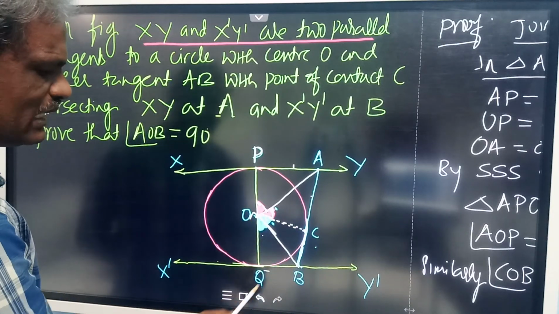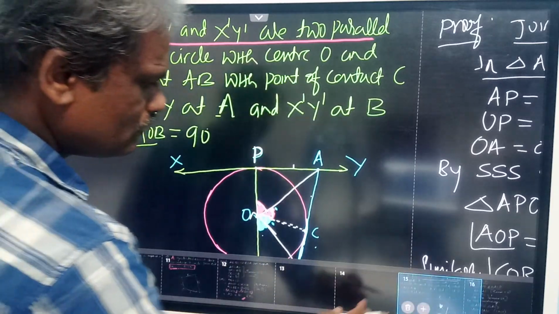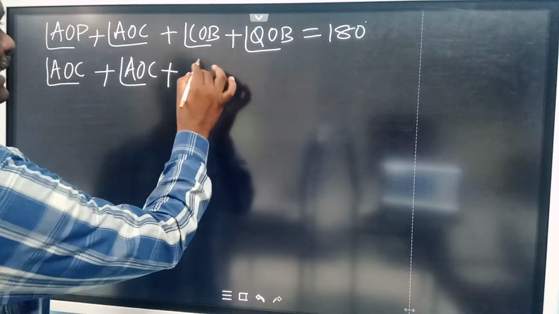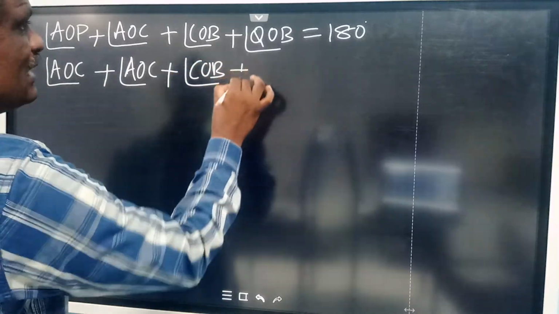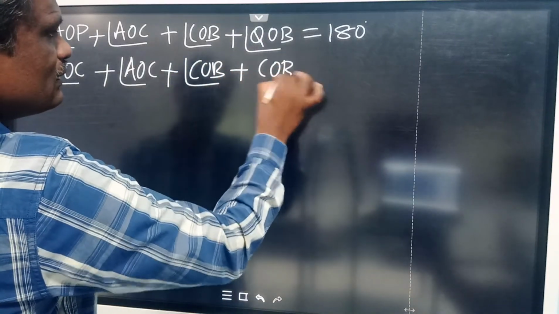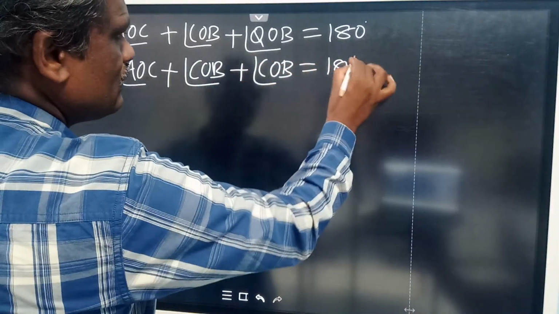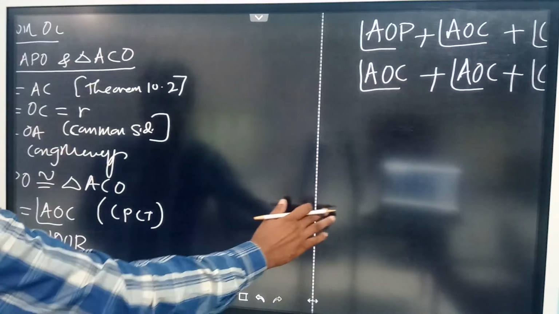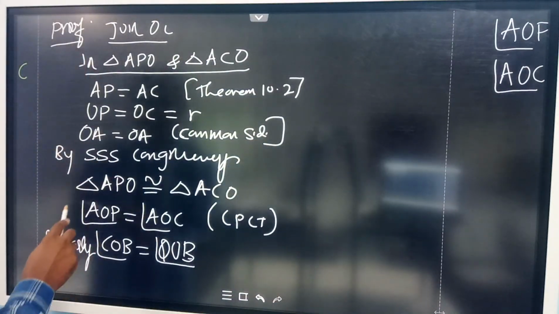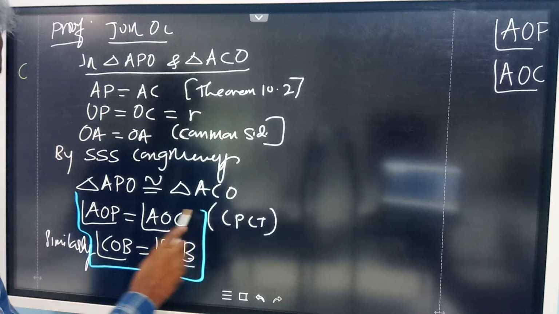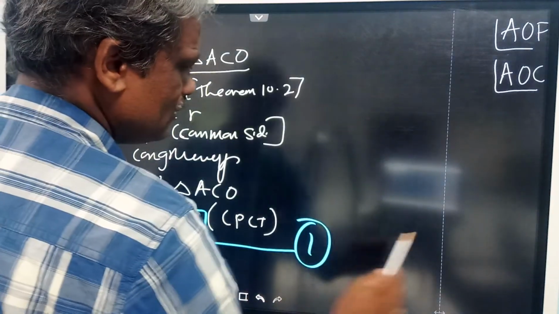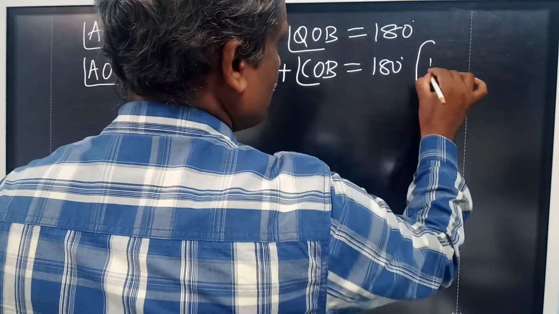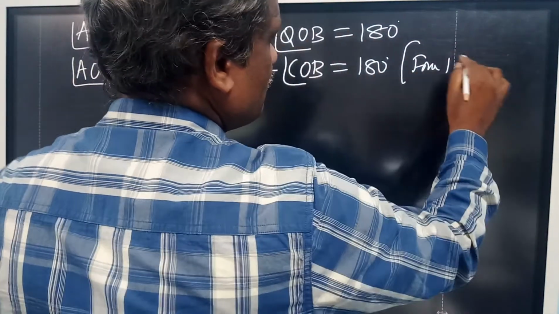So all of them are equal to 180 degrees, because we have proved that they are equal. I will call this equation 1.